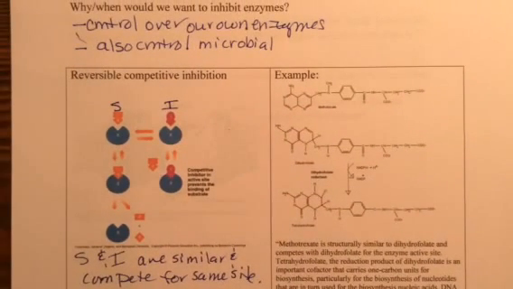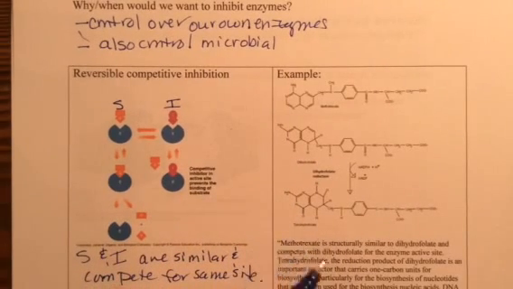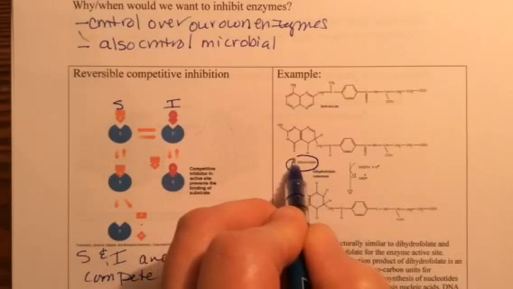Another example is the normal pathway for DNA replication, which is part of a pathway that requires folic acid.